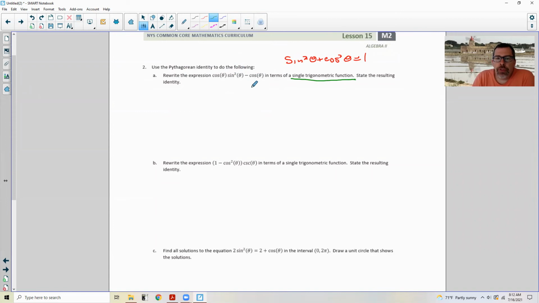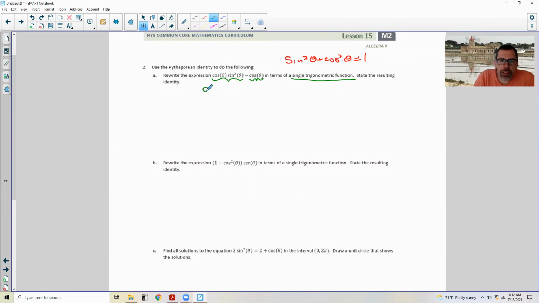Okay, so this is two terms, divided by a minus sign. So if you focus on this as one term and this as one term, what do they have in common? They both have a cosine of theta. So I can factor out a cosine of theta.